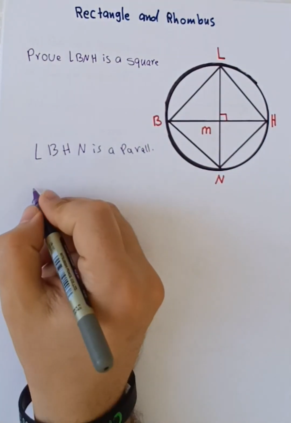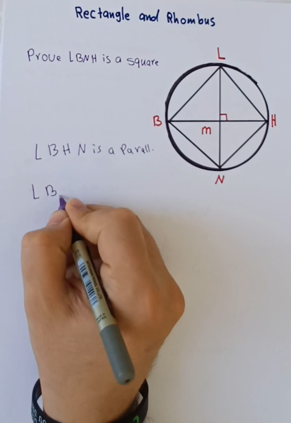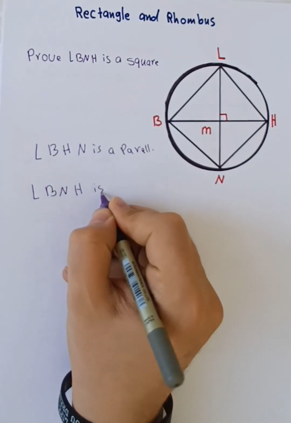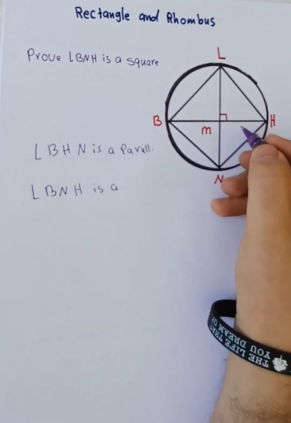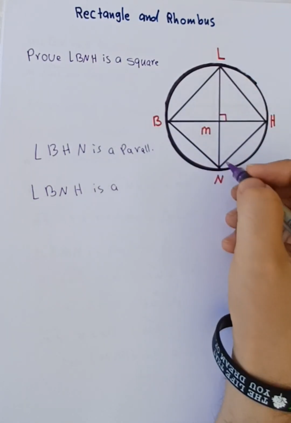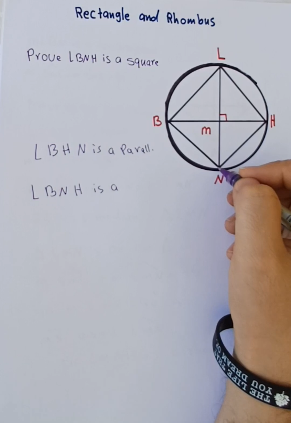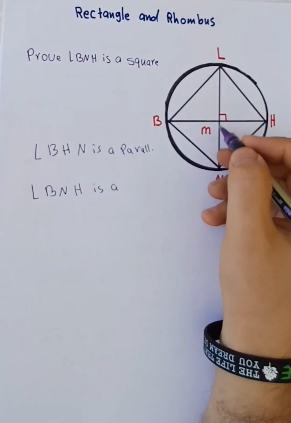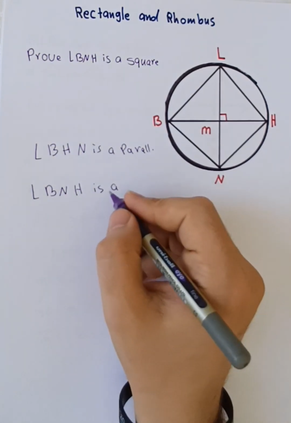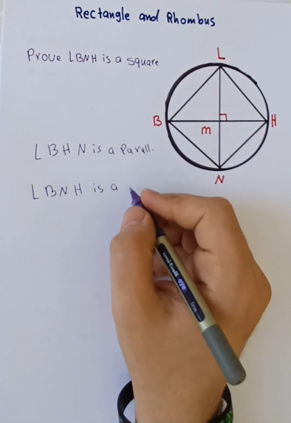And then you can say LBNH is a rectangle, because the diagonals bisect each other, and the diagonals are congruent because we have 4 right angles. So LBNH is a rectangle.